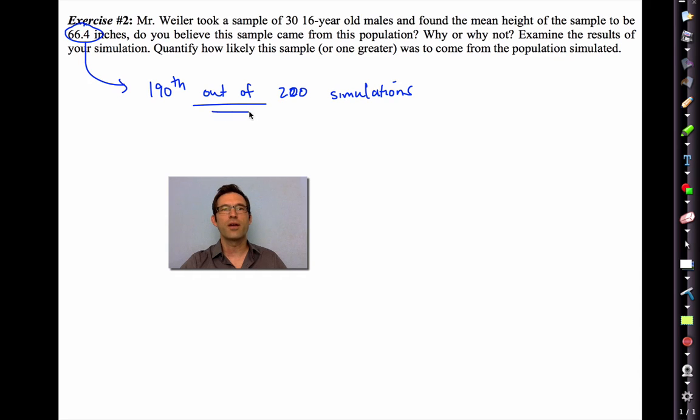All right, the 190th out of 200 simulations. That's 66.4 inches.